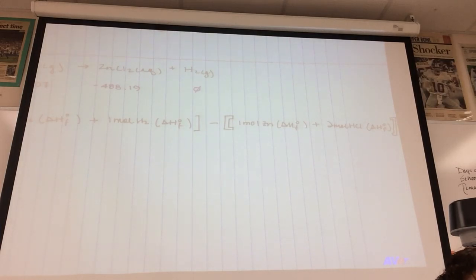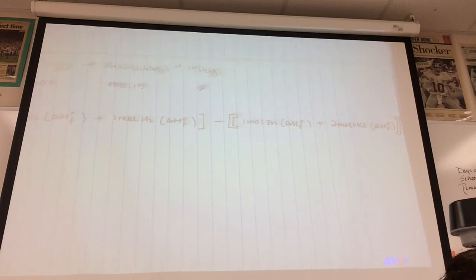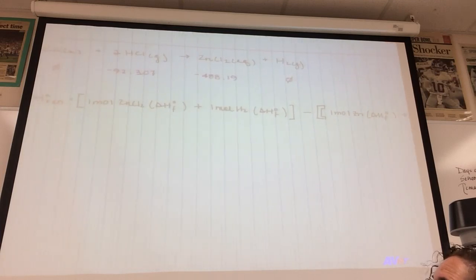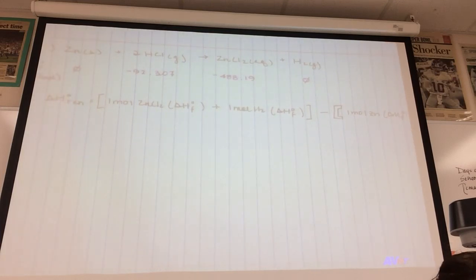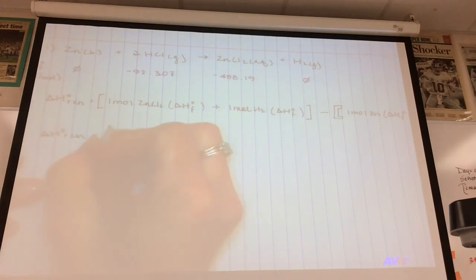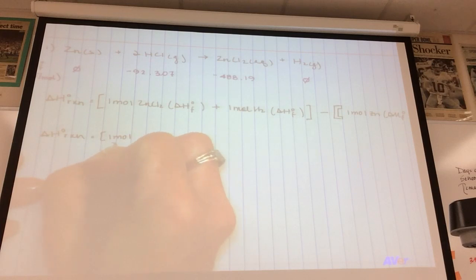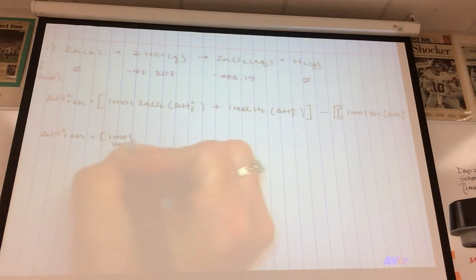Alright, so now we're ready to plug and chug away. I'm going to choo-choo this way again. My delta H for the reaction that is the change in enthalpy under standard conditions is equal to 1 mole. I'm going to continue to put that zinc chloride in because I think it might be helpful to you.